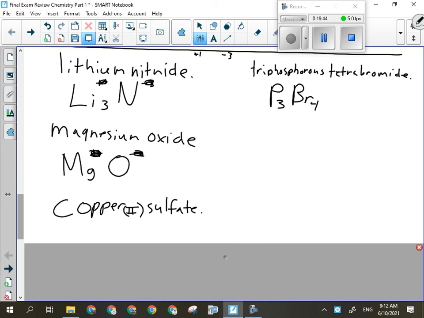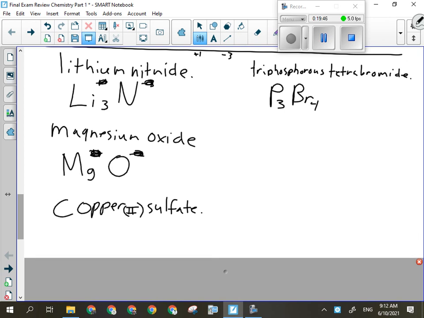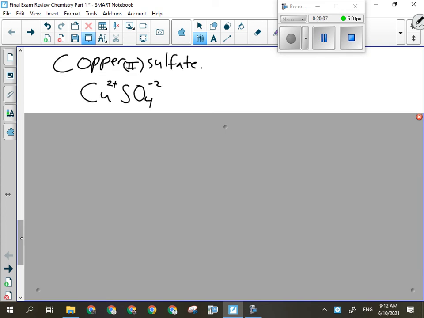Okay, and then our last one here, copper 2 sulfate. What is the Roman numeral telling me about copper? Its charge. It's telling me to use a 2 when I drop and swap. Sulfate is a polyatomic ion, SO4 with a -2 charge. So when I drop and swap this one, do I need brackets?